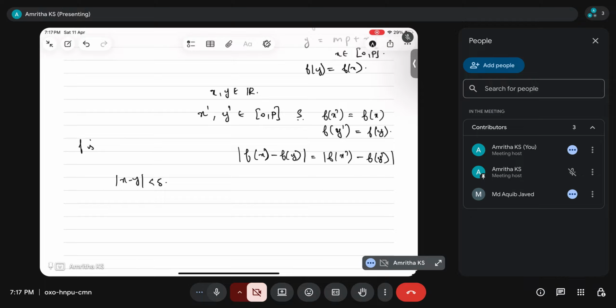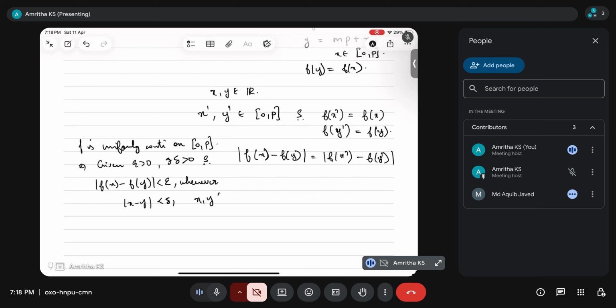So for given epsilon greater than 0, there exists delta greater than 0 such that |f(x) minus f(y)| is less than epsilon whenever |x minus y| is less than delta. But x and y are from [0,p], right?